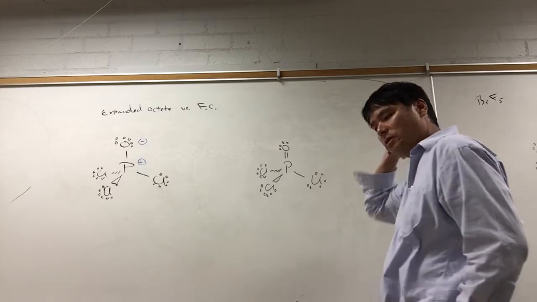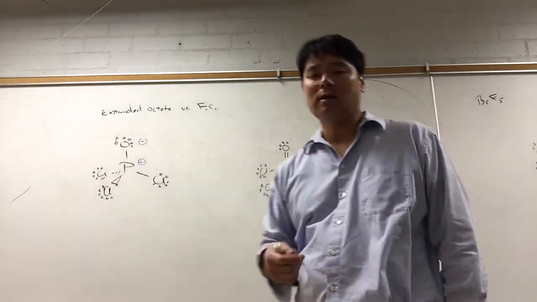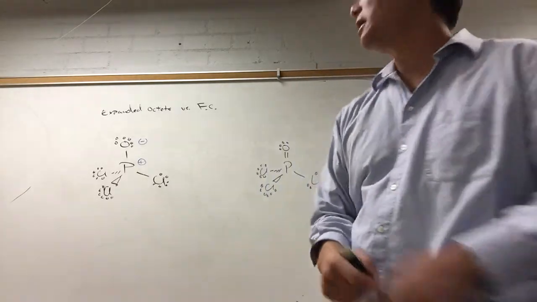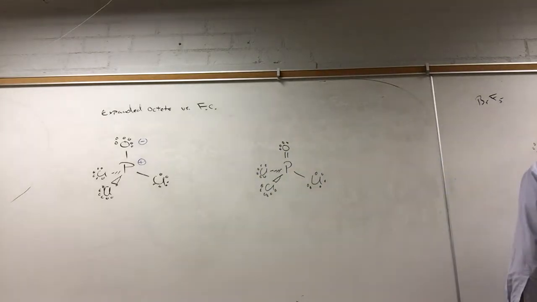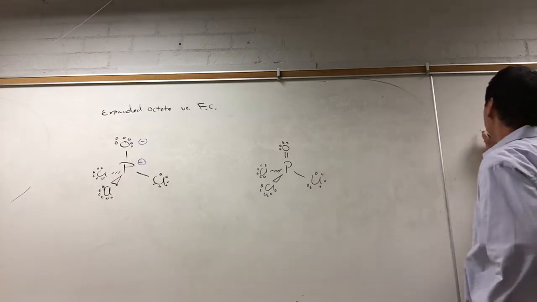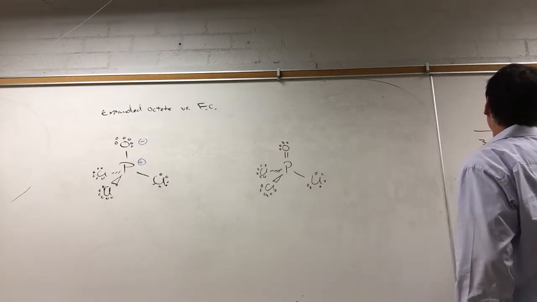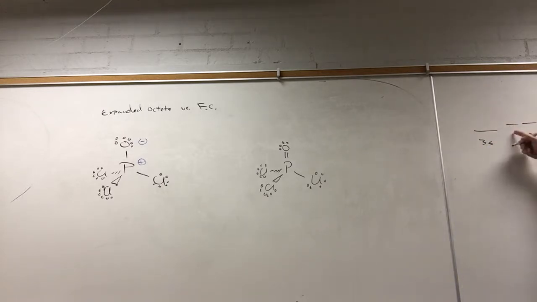And so what should we do? Should we expand the octet? Well, is phosphorus capable of expanding an octet? And so expanded octets, this is the theory here. Expanded octets on phosphorus can happen because we're dealing with 3s, and we got the 3p's. This has a maximum capacity of 8 electrons.